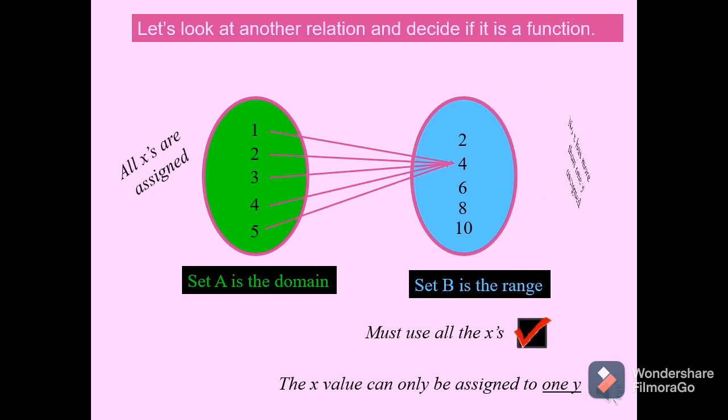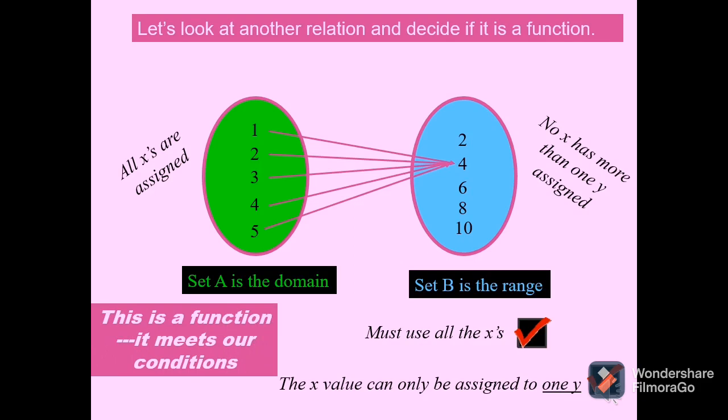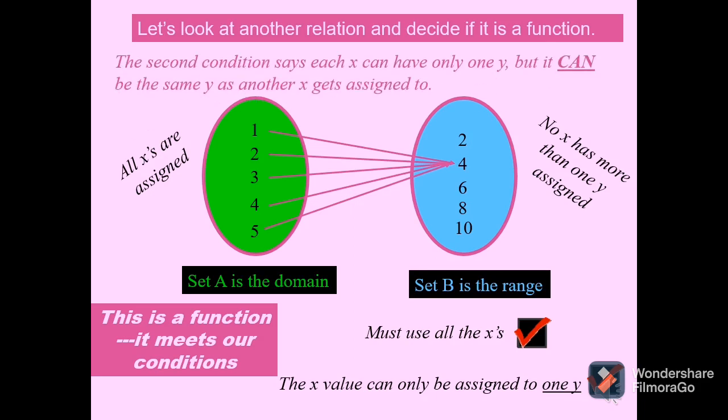The second condition is also correct in this one because no x has more than one y assigned. Since the two conditions are met, we can conclude that it is a function. The second condition says each x can only have one y, but it can be the same y as another x gets assigned to it.